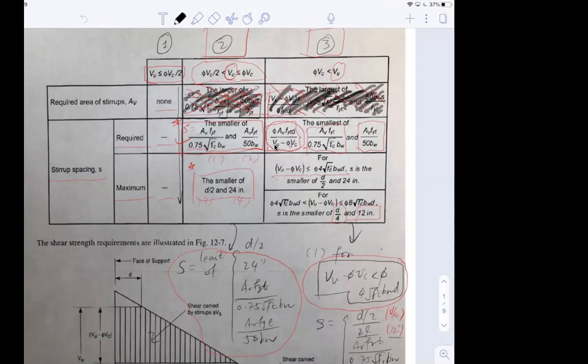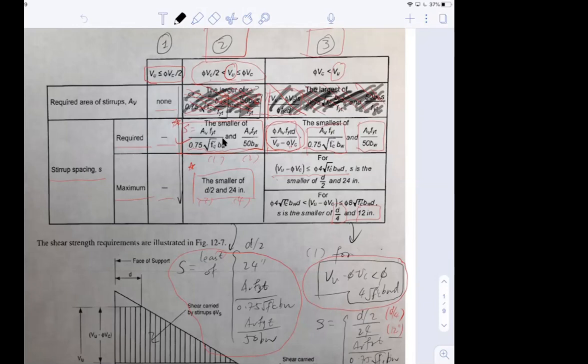But technically, you don't determine the minimum shear reinforcement area. You determine the spacing. Okay, is that better? Is this okay? Any more questions on this? Am I clear?